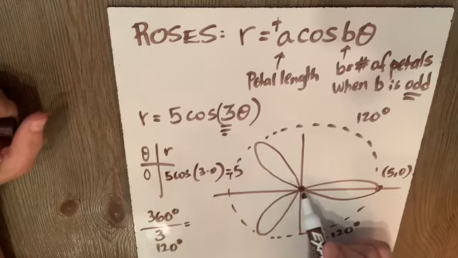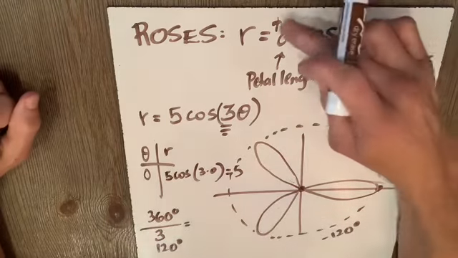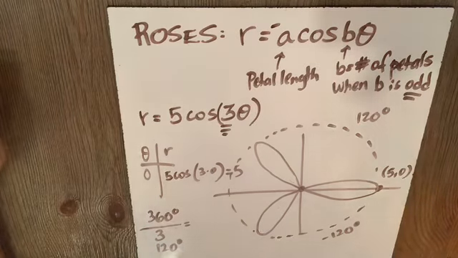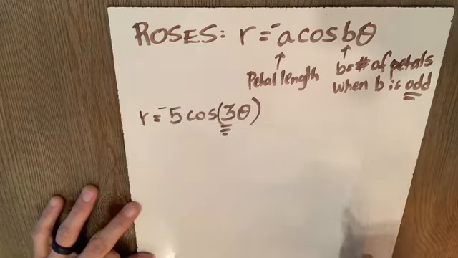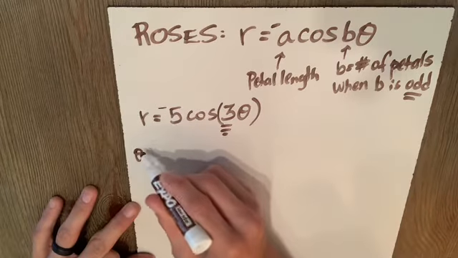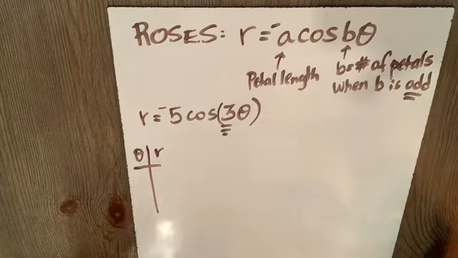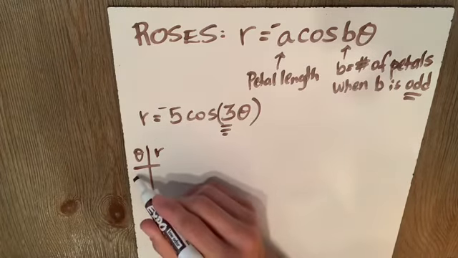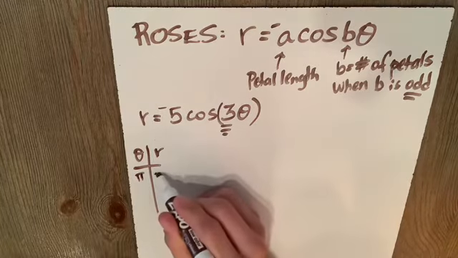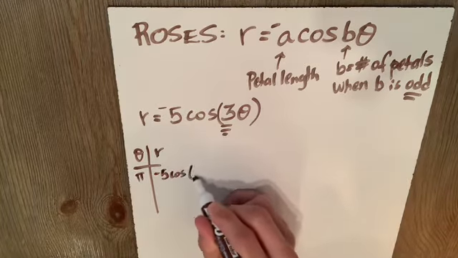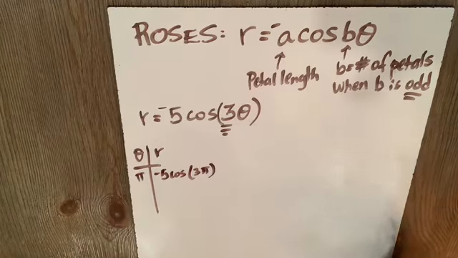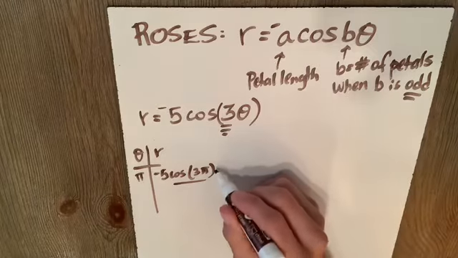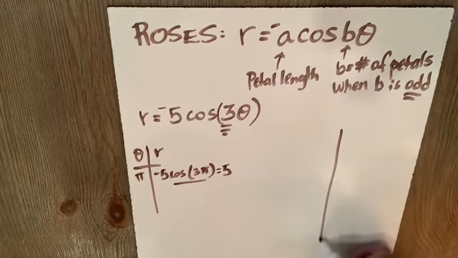For a positive cosine, the head is pointing to the right. If we put a negative here, then this whole thing would flip around. What do I mean by that? If I put a negative here, and I do this theta r technique and I put in a pi, for example, then I'll have negative 5 cosine of 3 pi. Cosine of 3 pi is -1 times -5 is 5. So notice what I have here.